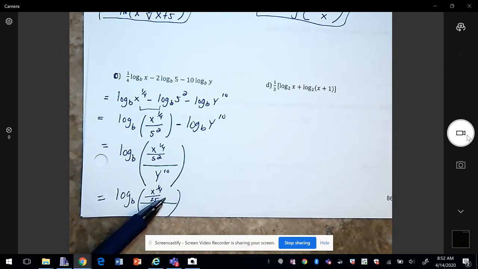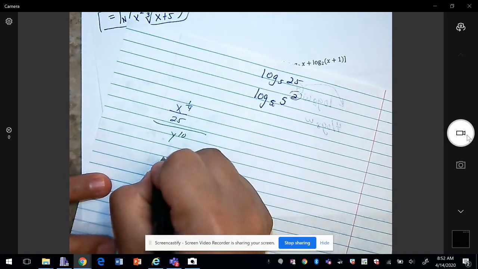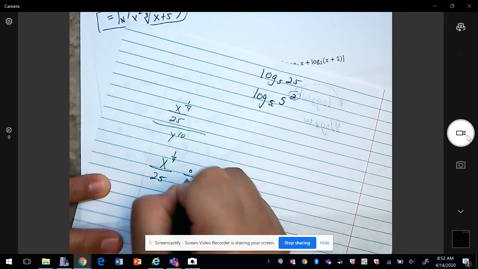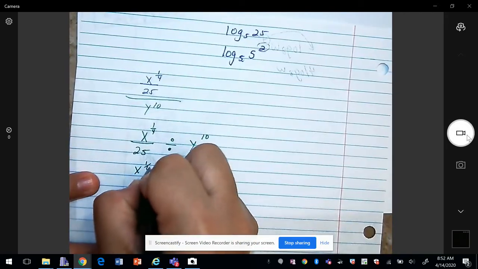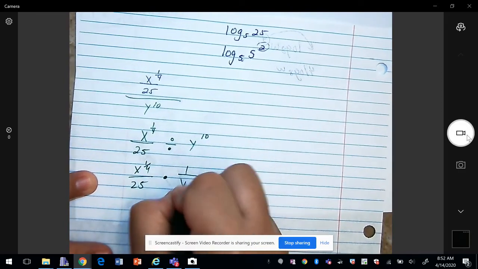Okay, so the division here, of course the shortcut is the denominator will now be in the denominator, but the reason that happens, let me just write it on this paper. So if you notice here, we can rewrite this as x to the 1/4 divided by 25 divided by y to the 10th power. Change division to multiplication only if I take the reciprocal.